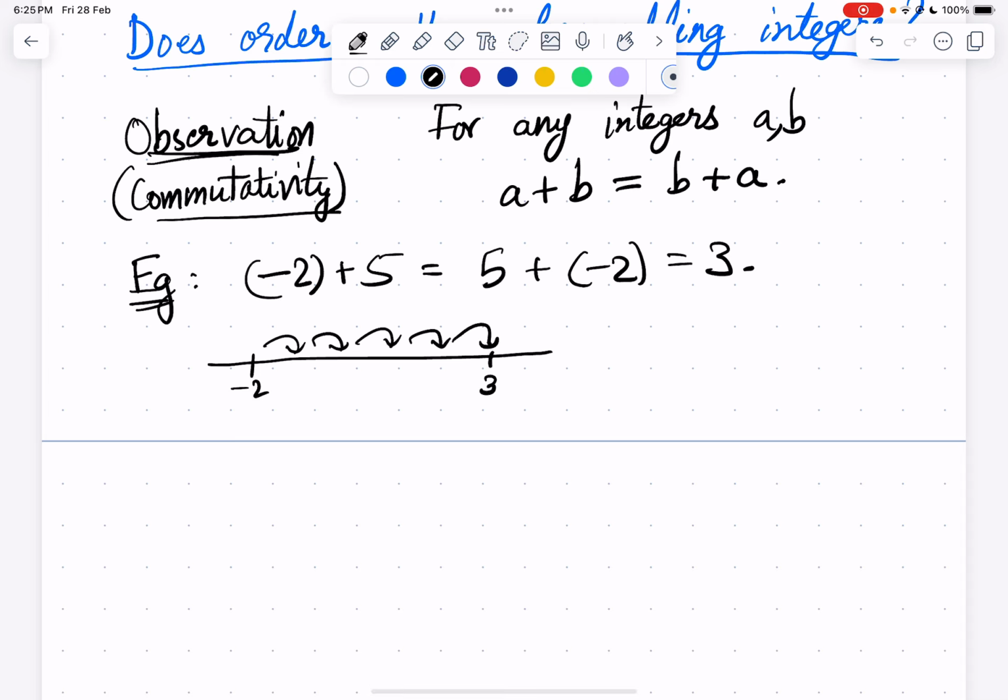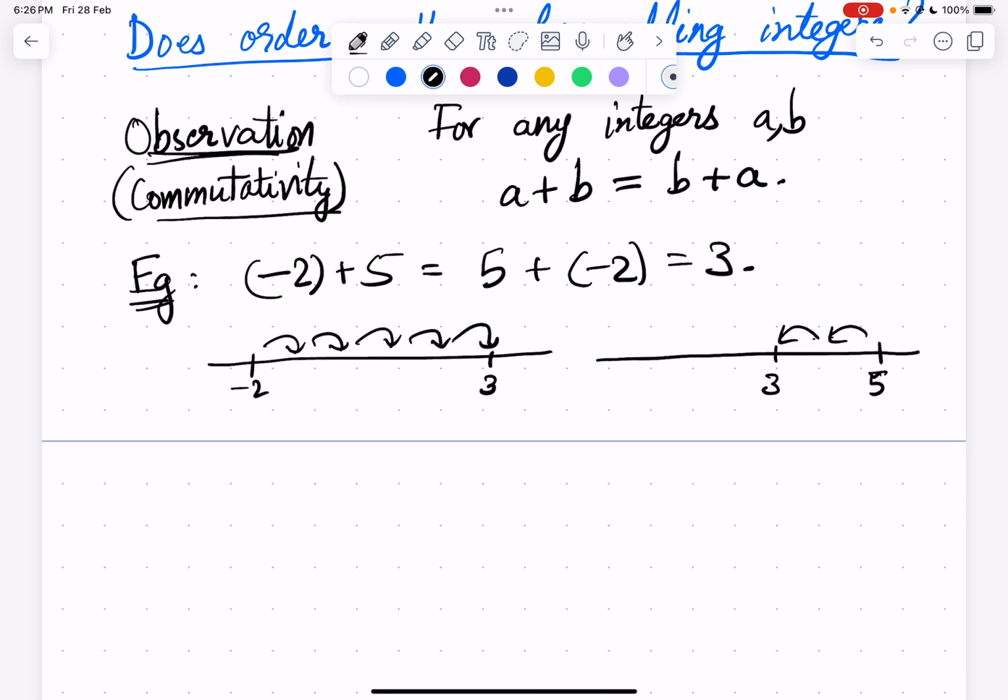Then we'll get to 3. 5 plus minus 2 means you start at 5 and take 2 steps backward. You again get to 3. And in general, for any integers a, b, we see a plus b is b plus a.